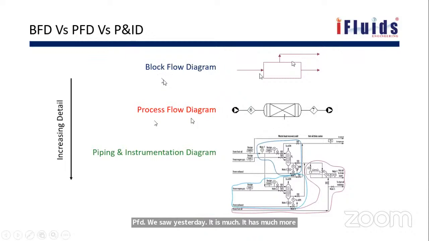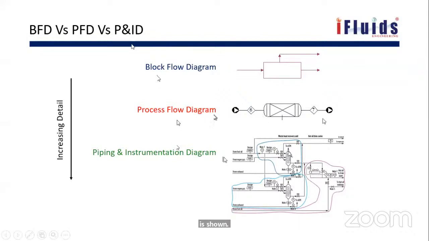And this process represented in the P&ID has much more details than the PFD. Here only one inlet and outlet is shown. Here you have these inlet lines, you have the shutdown valves, you have the drain lines shown. So everything will be shown in the P&ID. This is how the detail increases across the documents.